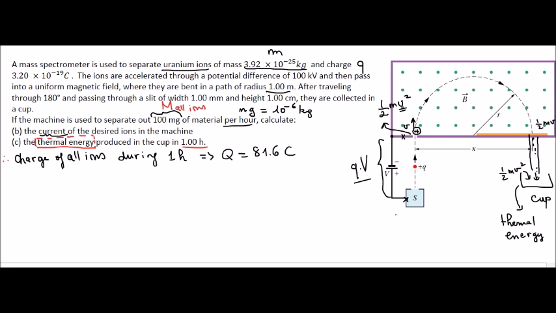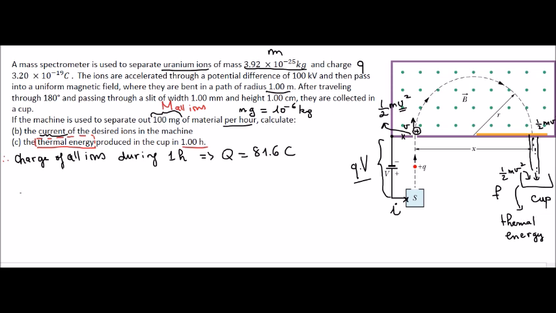Let me say it in a different way. That's the initial, that's the final. There is no dissipation here. There's nothing that dissipates energy. So the initial energy is equal to the final energy. What is the initial energy? That's the electrical potential energy, qV. What is the final energy? It says here, that's the thermal energy in the cup.